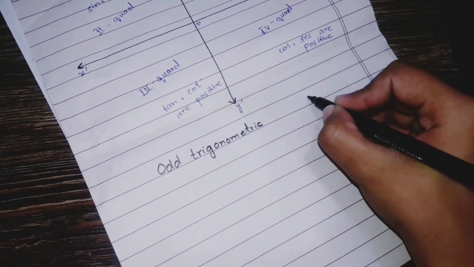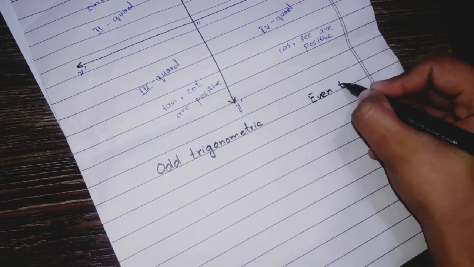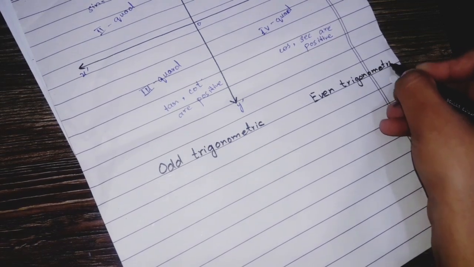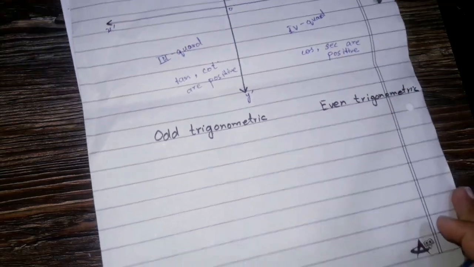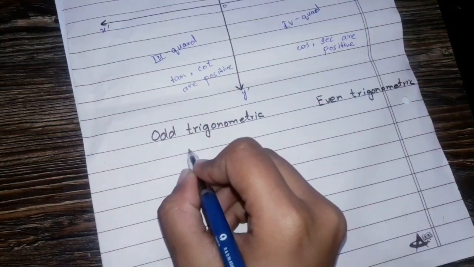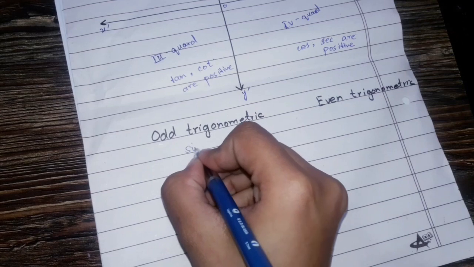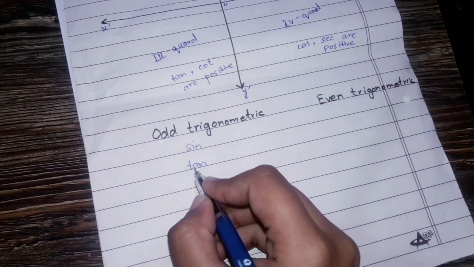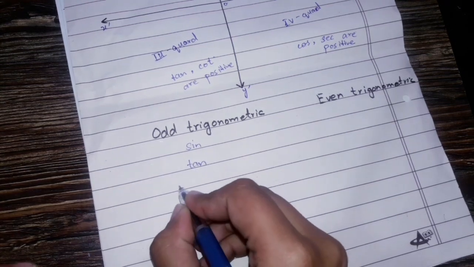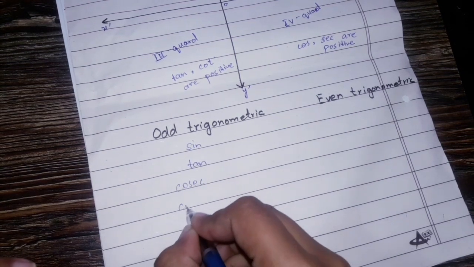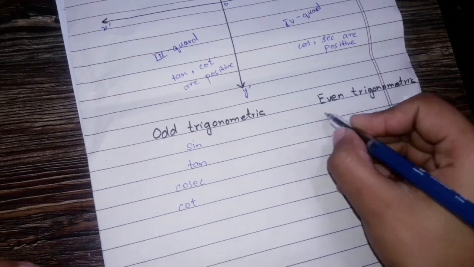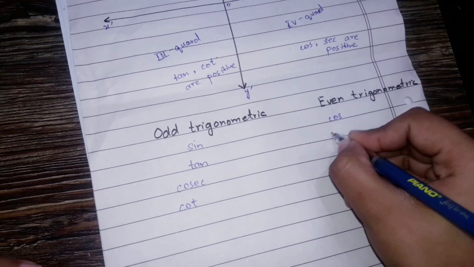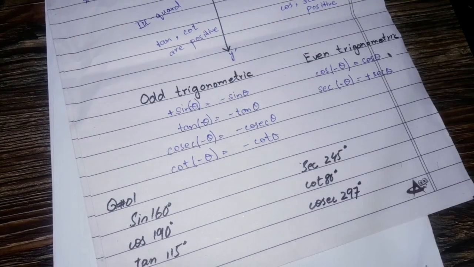Odd trigonometric functions are sine, tan and their reciprocals cosecant and cot, and even trigonometric functions are cos and its reciprocal secant. Now we will consider some examples.